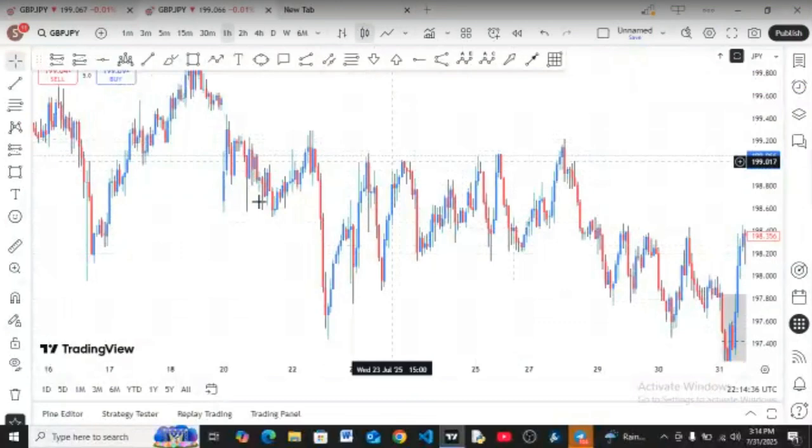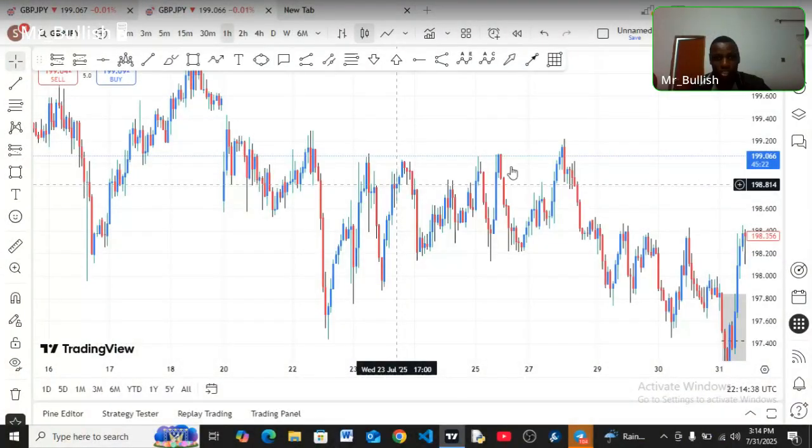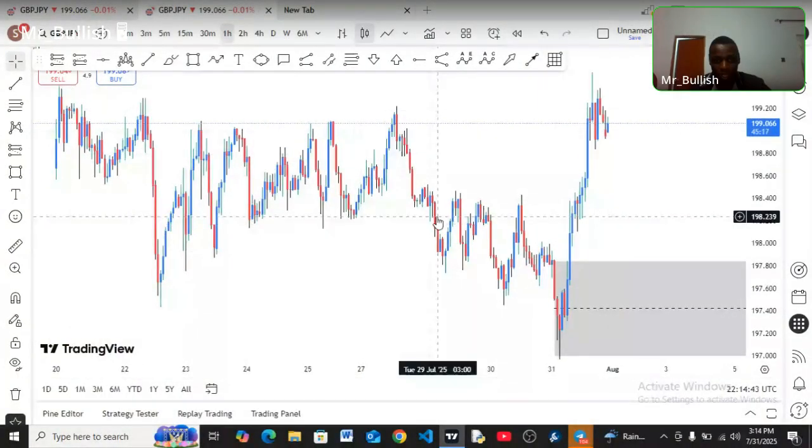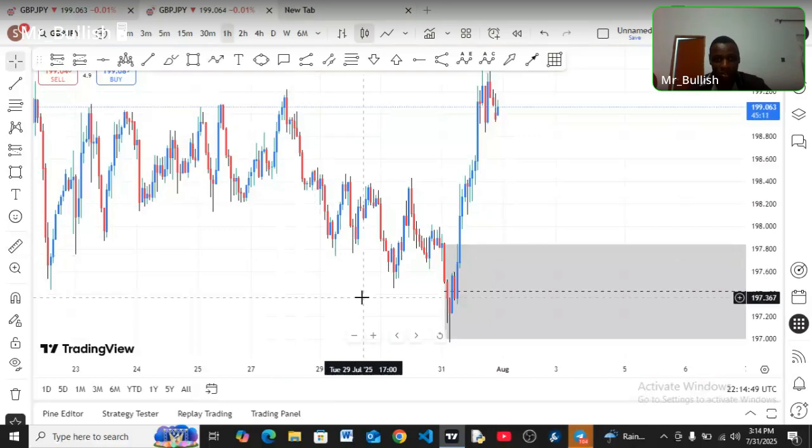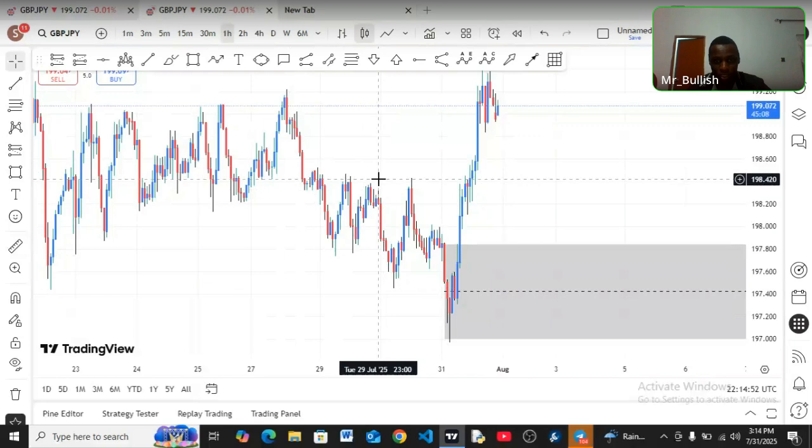So I can't classify this as a trend, but here we have a change of character. Then we have a break of structure here. Then we have another break of structure here. Then we have this as a change of character. Let me just show you how I map this one out right now.